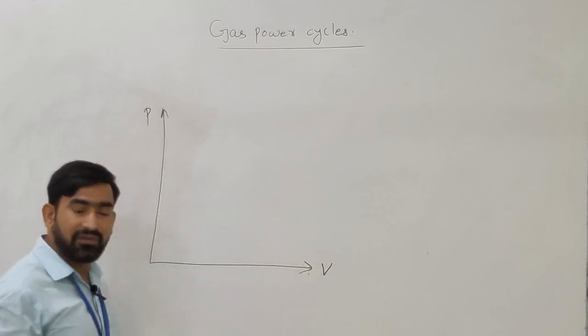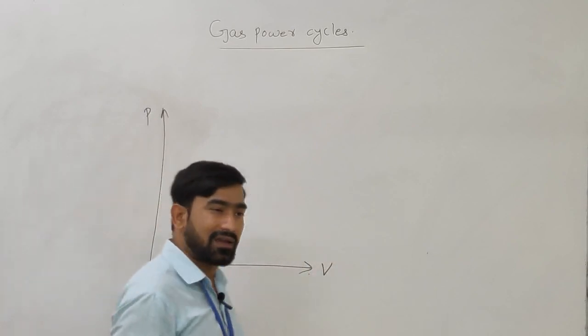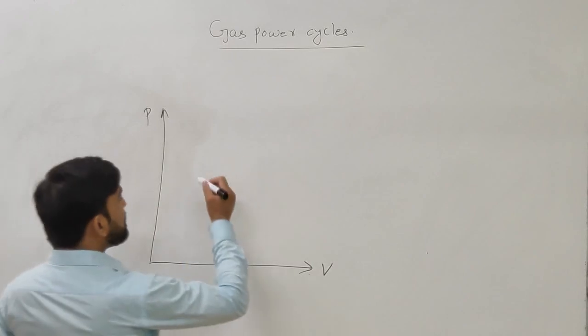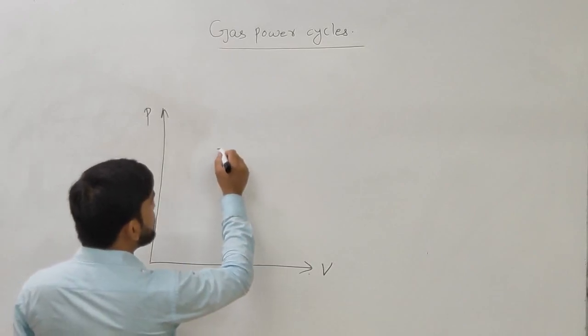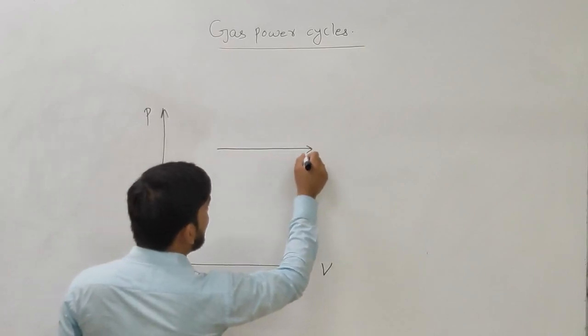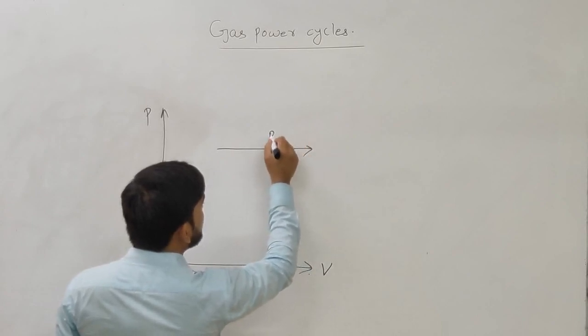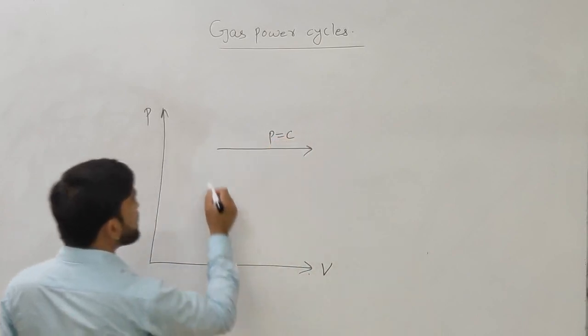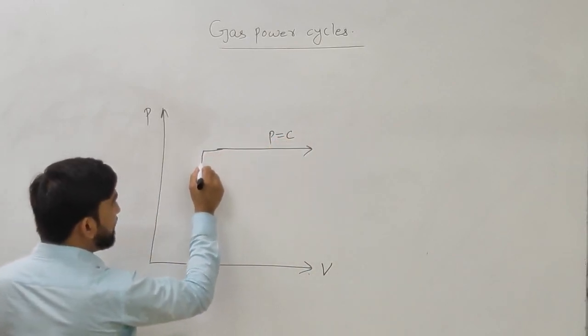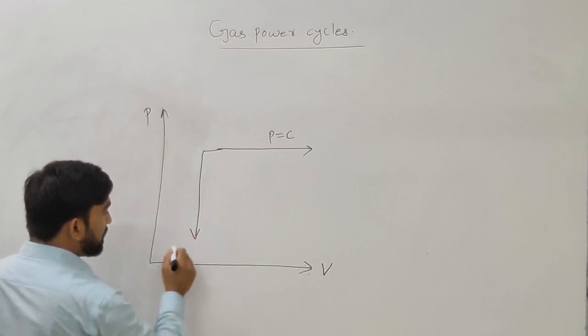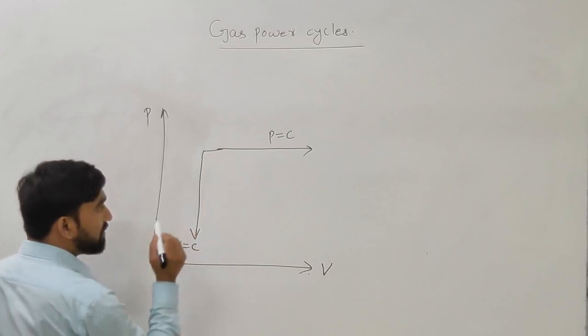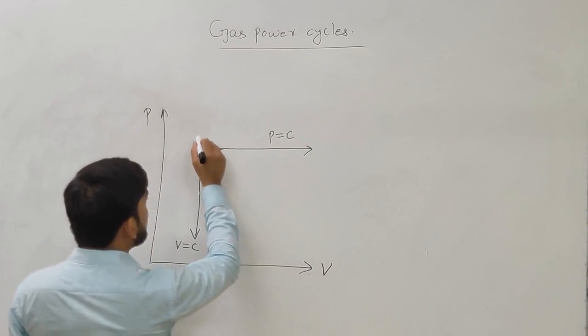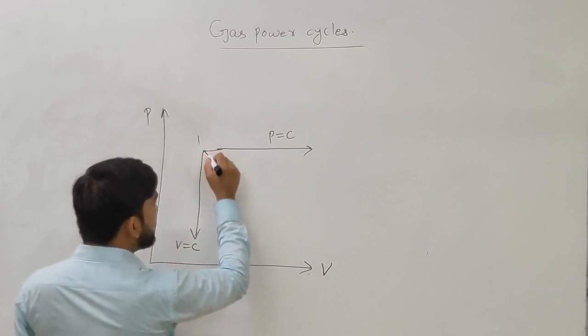Here it is the PV diagram, or pressure and volume diagram, where we will draw the constant pressure line like this. This is constant pressure, or P is constant, and constant volume process, V is constant, and this one is point number 1.